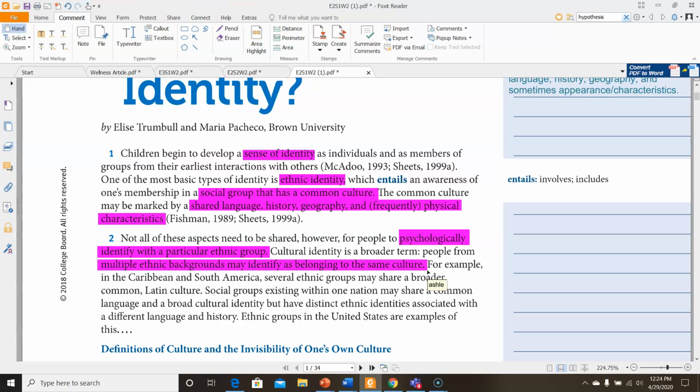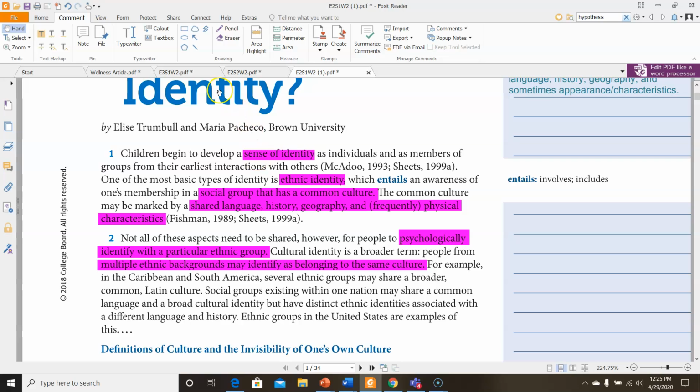For example, in the Caribbean and South America, several ethnic groups may share a broader common Latin culture. Social groups existing within one nation may share a common language and broad cultural identity, but have distinct ethnic identities associated with a different language and history. Ethnic groups in the United States are examples of this.